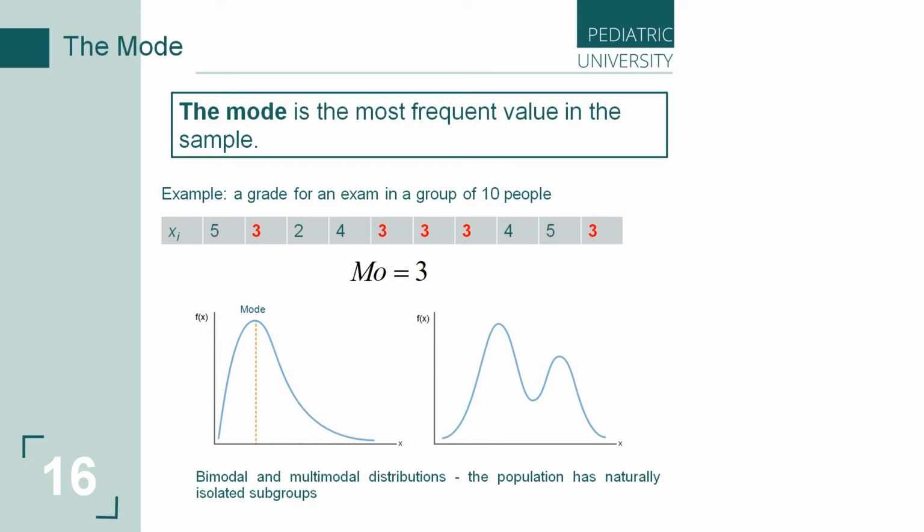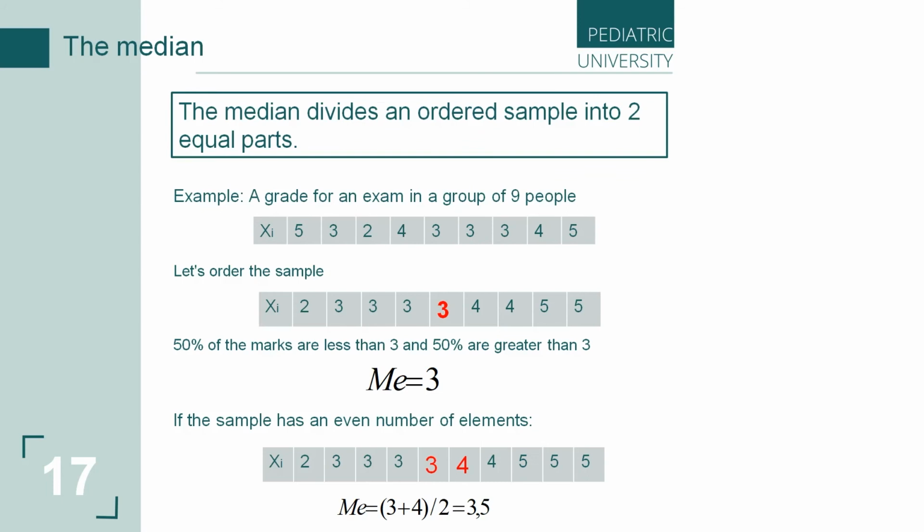So, what is the next descriptive statistic? This is the median. From school, you should remember the median of the triangle. What about the median of the triangle? It divides the side of the triangle into 2 equal parts. So does the median in statistics.